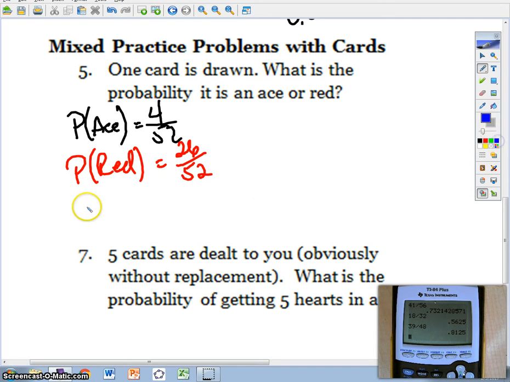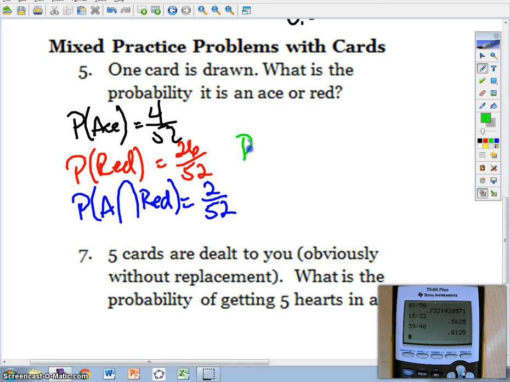But what we need to remember is that there are a couple of cards, 2 of them to be exact, that are red aces. So 2 out of those 52. So now when we actually go to use the formula, the probability of an ace or a red card.